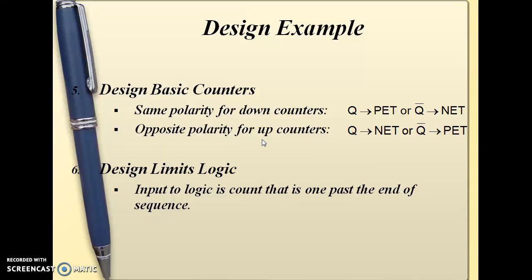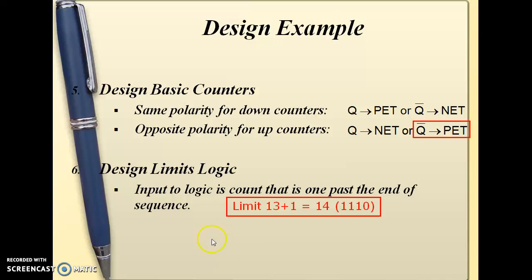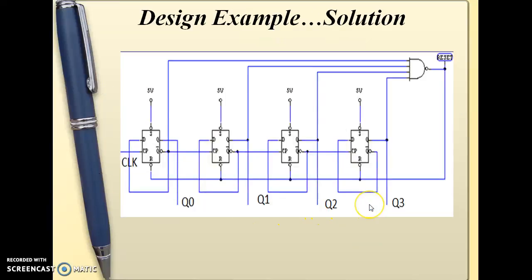And here we are going for an up counter, so we will select the Q output to the clock input of the next stage. And the design limit logic is that it should detect the count 14, that is 1110.